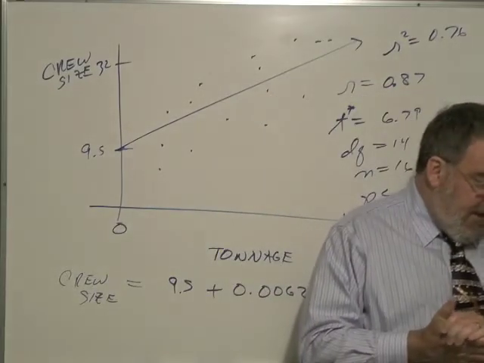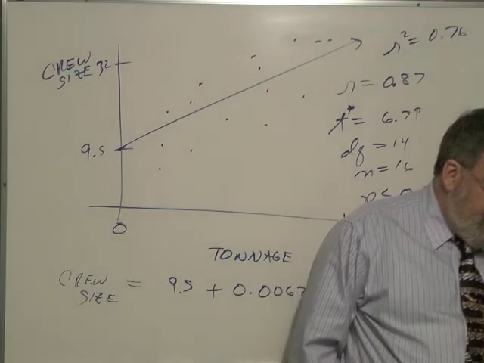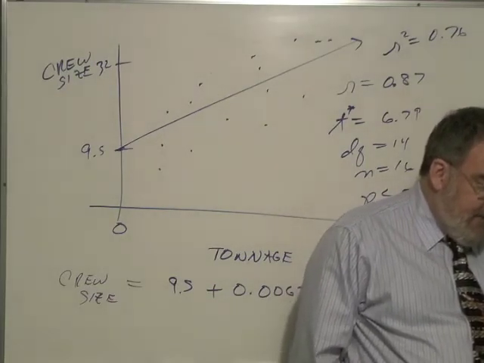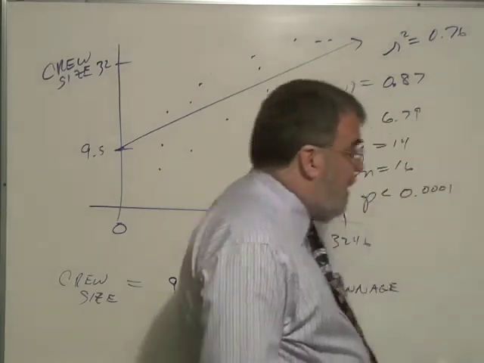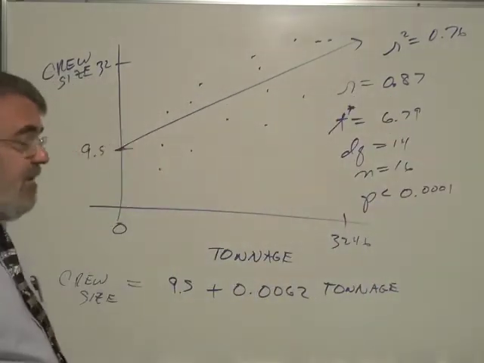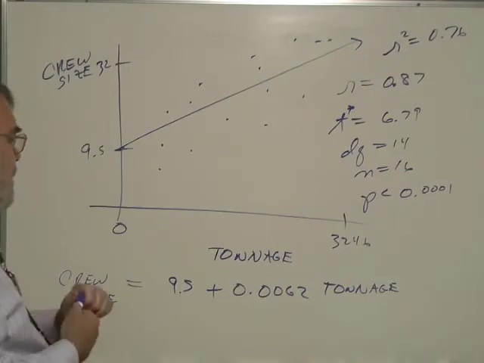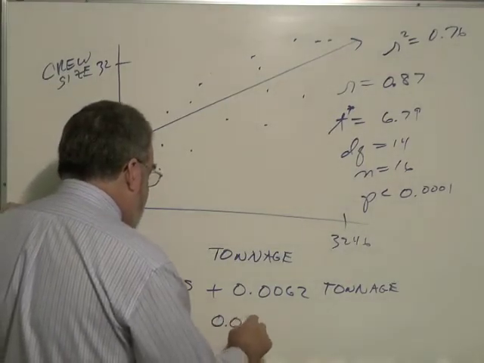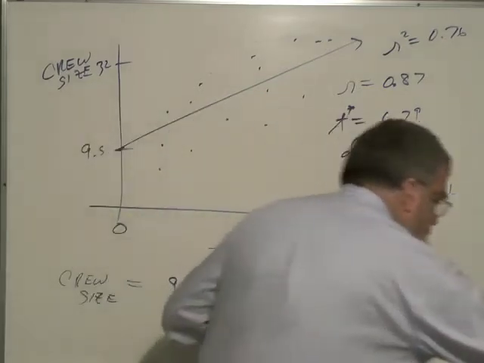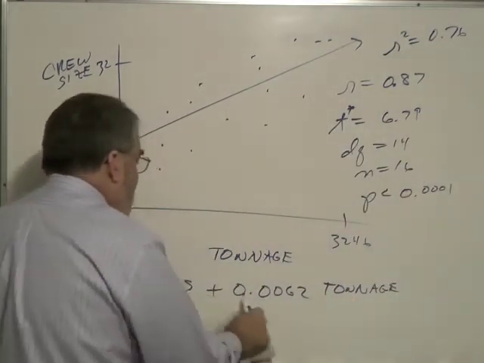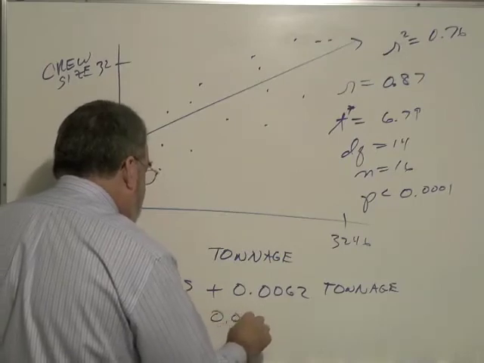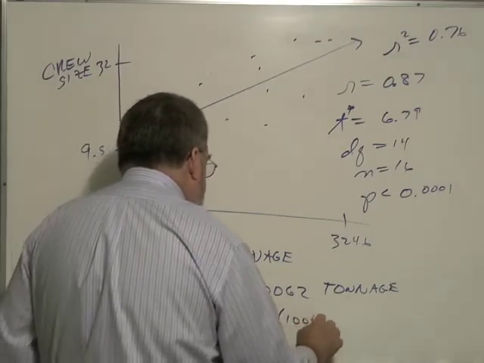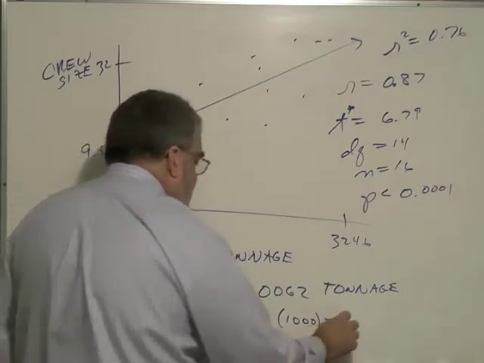Part B, on the average, how large is the difference in crew size for 2 ships that differ in tonnage by 1,000 tons? Okay, so if the difference is 1,000 tons, if I multiply my slope, 0.0062 times 1,000 is 6.2.